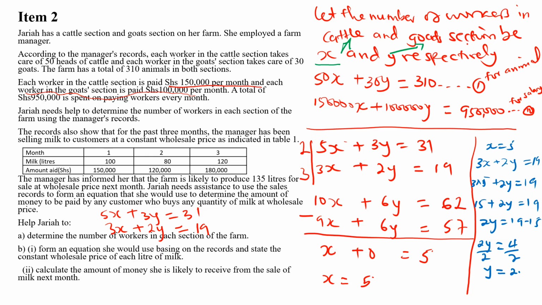Say it means that there are 5 workers in the cattle section and 2 workers in the goat section.